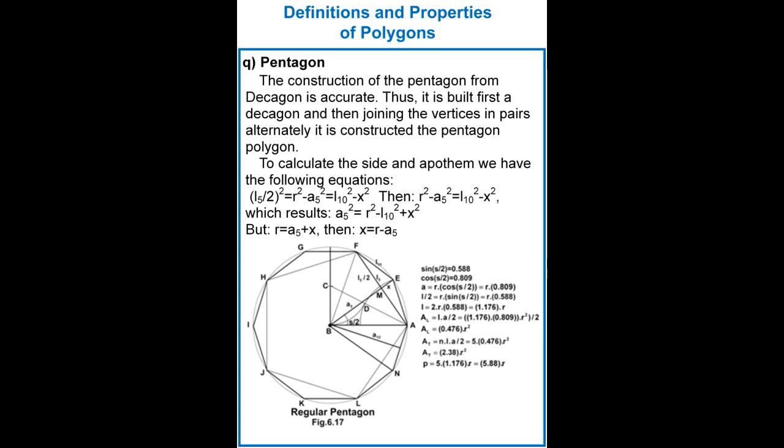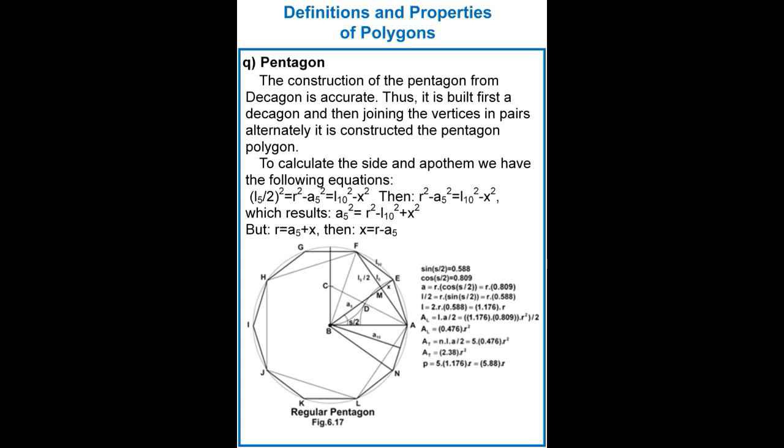This slide shows the regular pentagon, which is the regular polygon of 5 sides. Figure 6.17 shows the circumscribed circumference and the complete construction of a decagon. Using straight line segments, lines are drawn joining alternate vertices of the regular decagon.